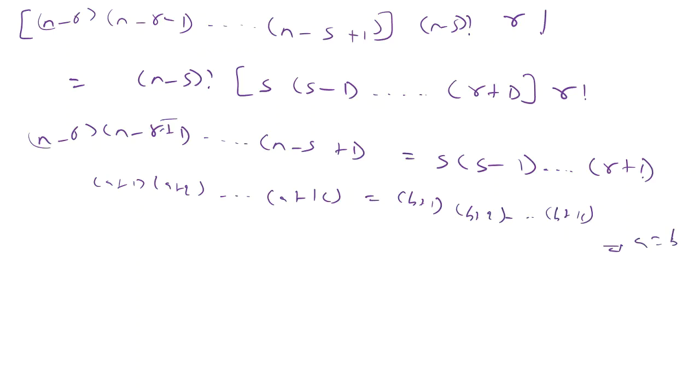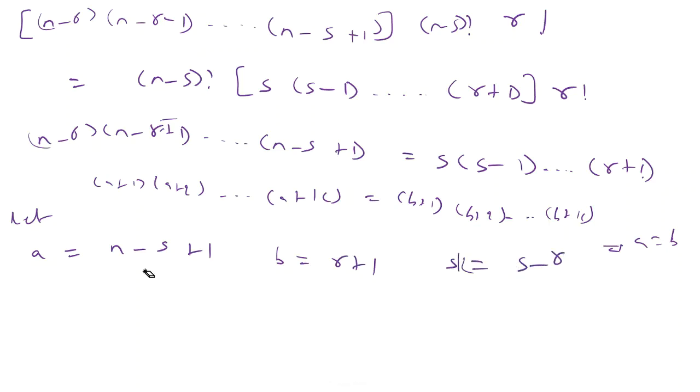So let us see how we can apply this result. Let a be equal to n minus s plus 1, and b be equal to r plus 1, and k is equal to s minus r.